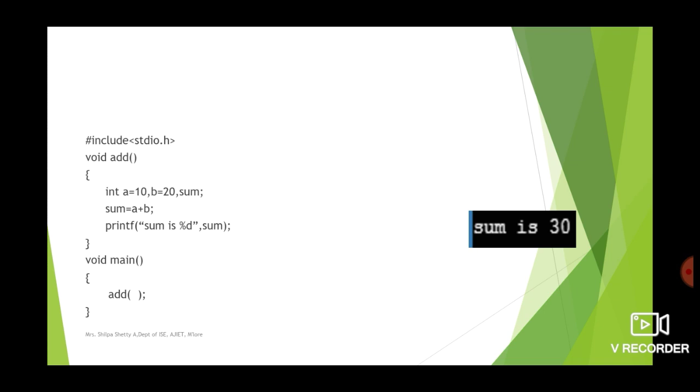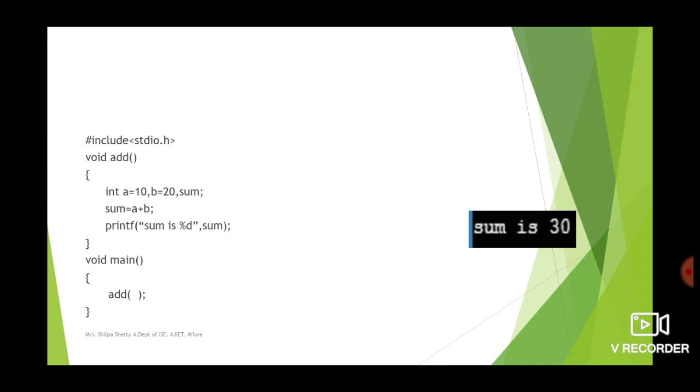Here we have written a function to add 2 numbers. So this is a program to add 2 numbers, and we have included a function called add that adds 2 numbers. Let us begin with the main function here, void main. In main we are just calling the add function, and if you look at the syntax here, the add function is not returning any value.